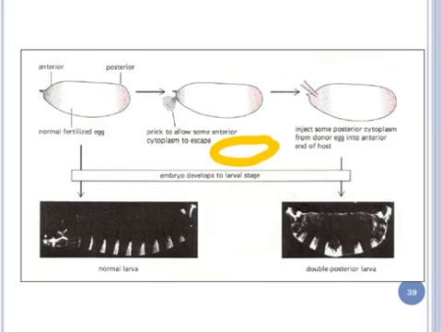That's why we have a double posterior larva or double-tailed larva, and the head cannot develop because we don't have bicoid expression. This is the normal larva and this is the experimental condition.